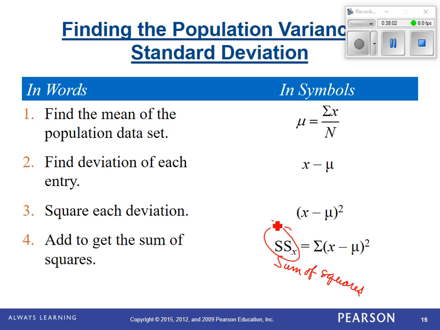Then we're going to find x minus mu. Then we're going to do another box that has x minus mu squared. Put all those in there, however many entries we have, all the way down through here. Once we get down to the bottom here, we're going to add all those up. It has an ugly looking summation.